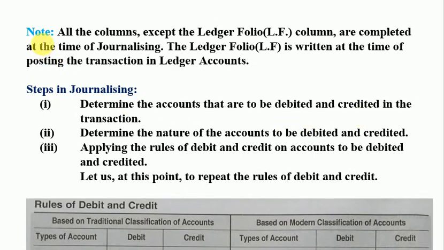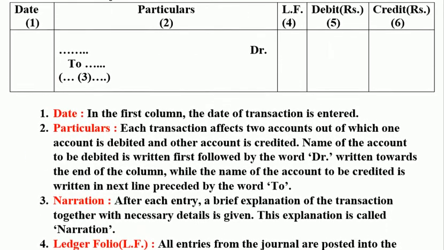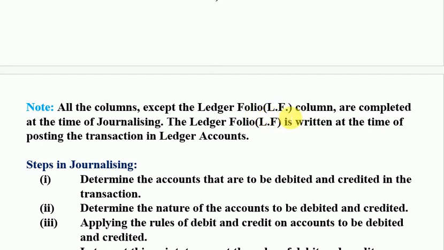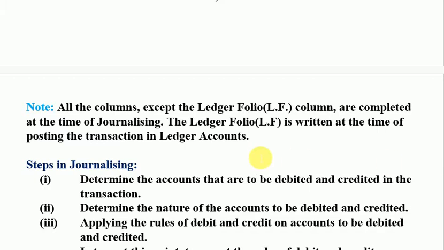Here note, I have written that all the columns except the ledger folio, as I have discussed about the ledger folio, you can see that this is the column of ledger folio. So all the columns except the ledger folio column are completed at the time of journalizing. The ledger folio is written at the time of posting the transactions in the ledger account.